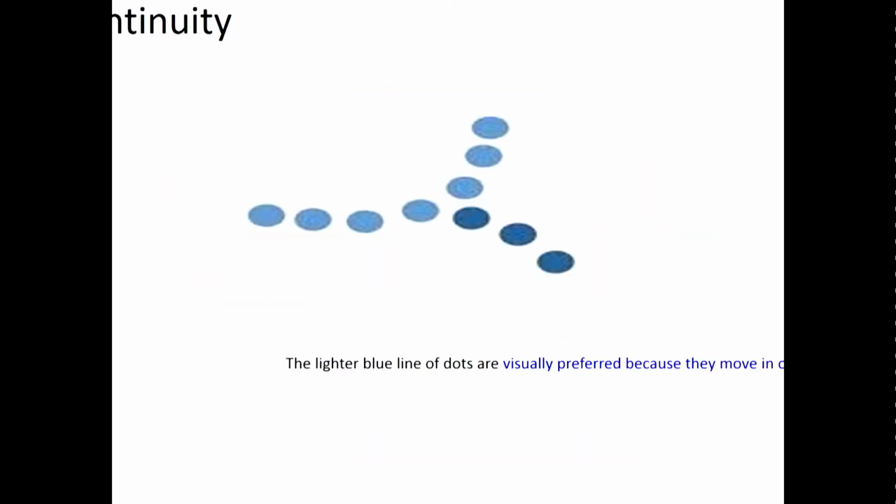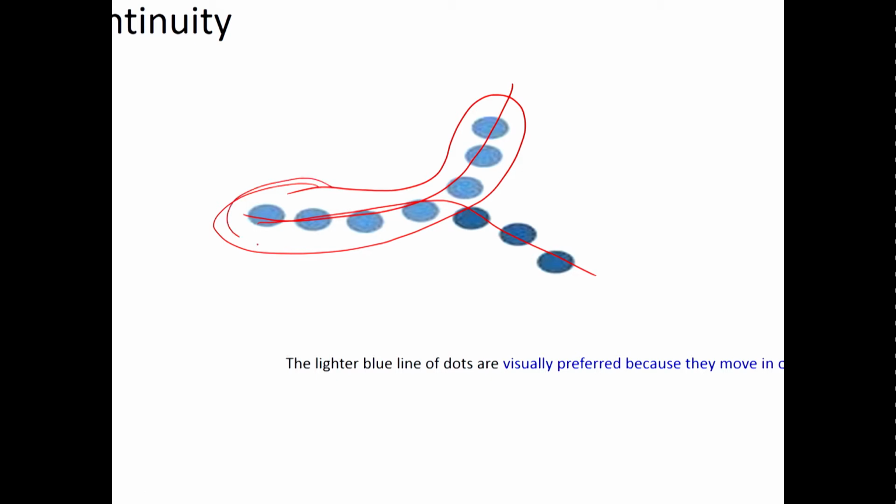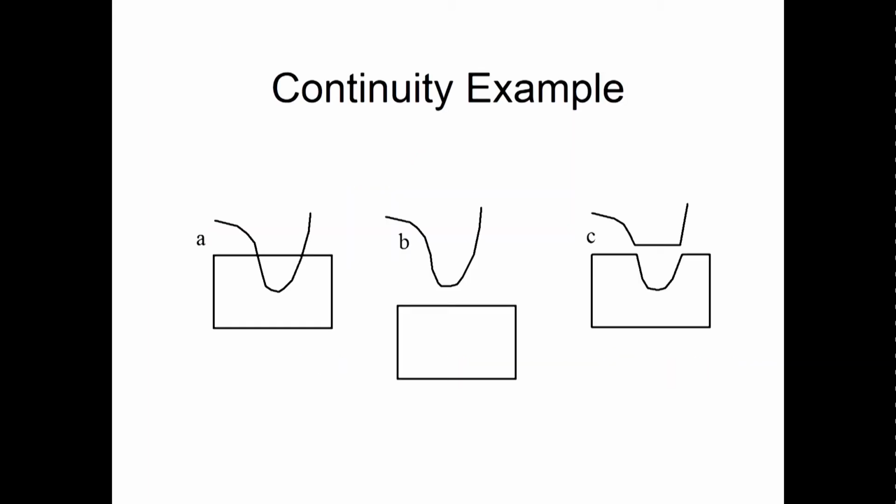For example, here we tend to group these objects together because there is a smooth flow. If you look at this one, there is an abrupt flow, therefore we do not connect it. The colors are also the same, which is one more reason. In any given picture, one or more than one law of Gestalt can be applied in order to perceive things.